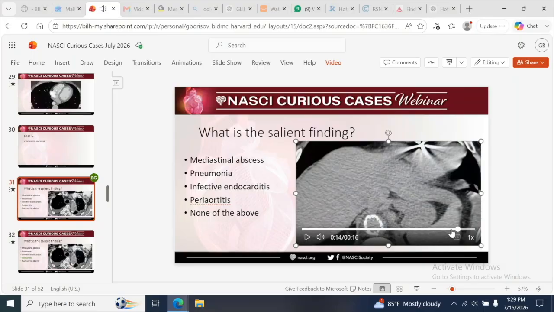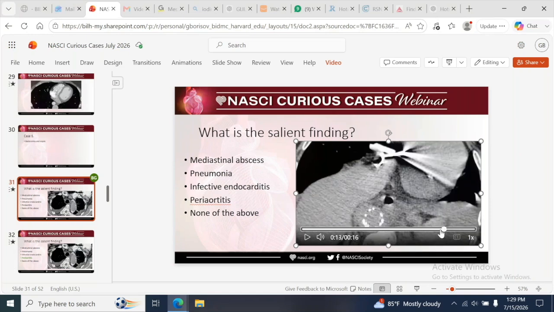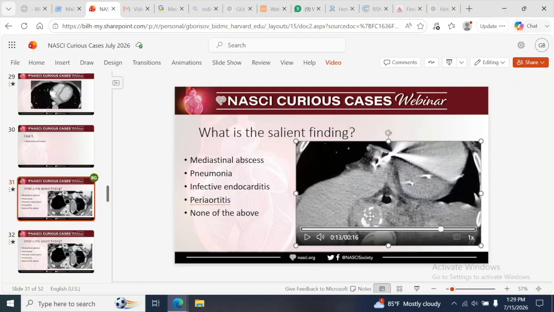Periaortitis, because first of all, you can see that the patient has a graft here. So whenever you see a graft and a patient that has bacteremia, the first thing you think is a graft-associated infection. And you can see that surrounding this aorta, there's all this soft tissue thickening. This is not normal.